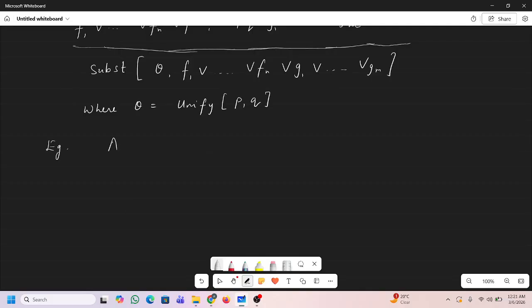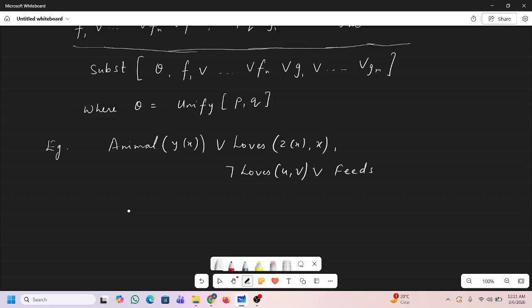Okay, so let us take one example. Example is animal y of x or loves z of x comma x, and then we are having negation of loves u comma v or feeds u comma v, right?